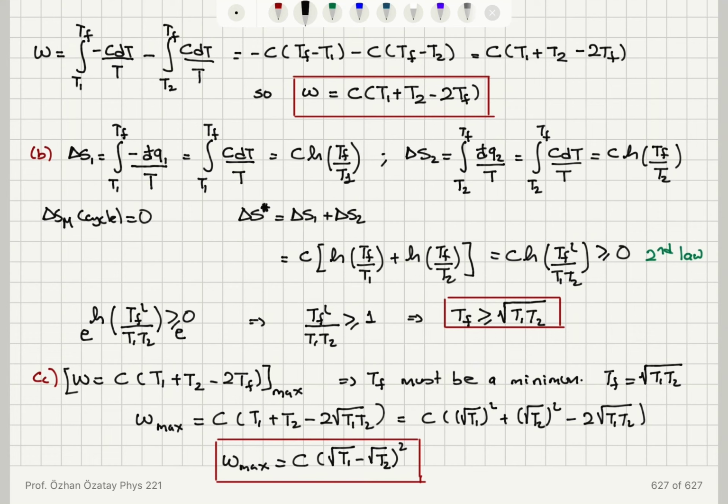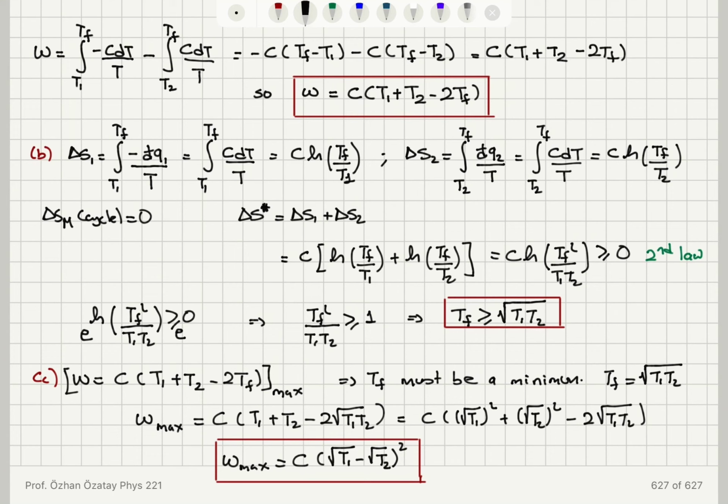The entropy change of A1 is the integral of minus d bar q1 divided by T from T1 to T final, that is CdT over T. Delta S2 is d bar q2 over T, that is plus CdT over T.